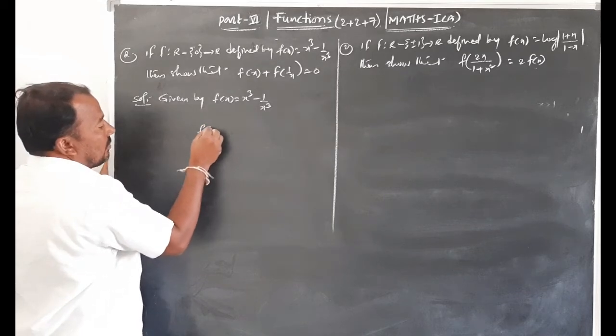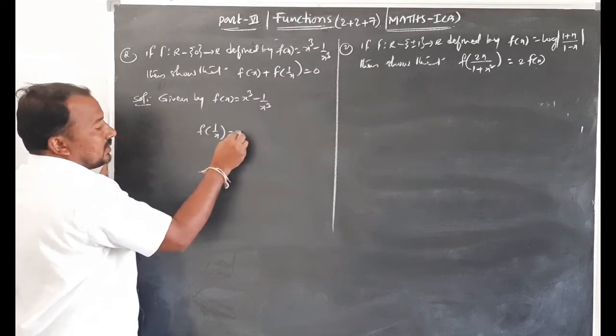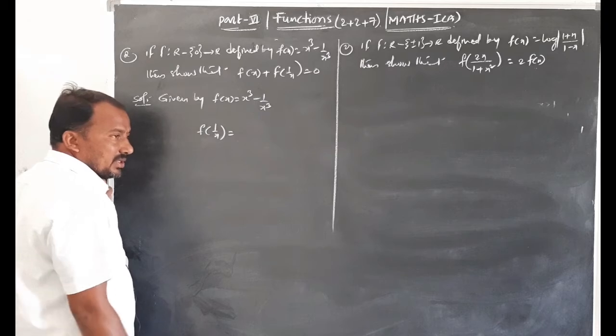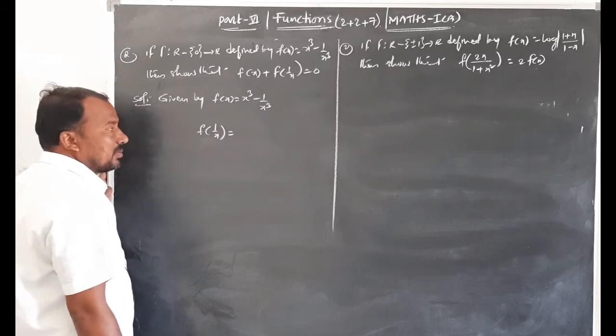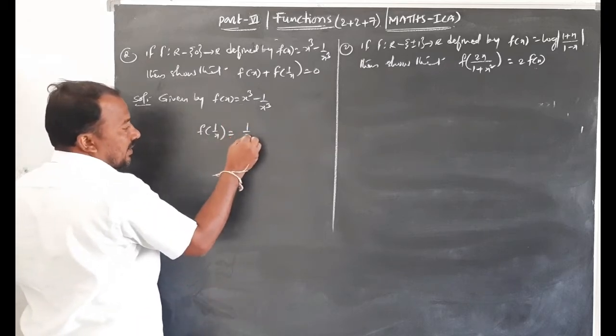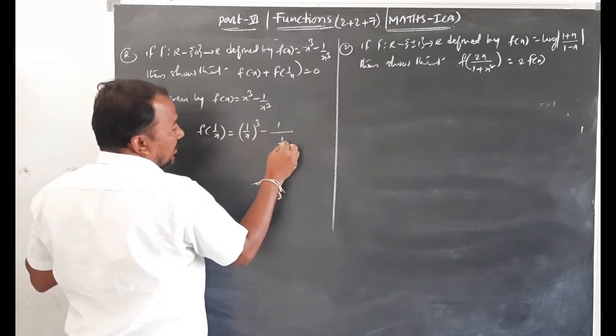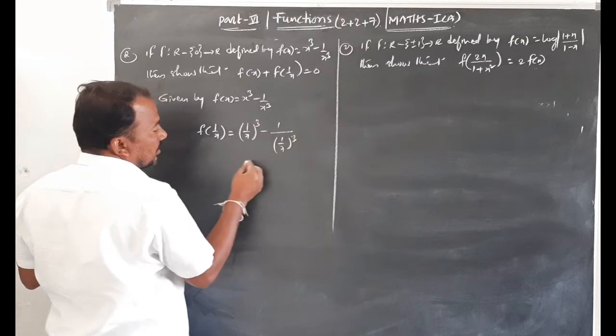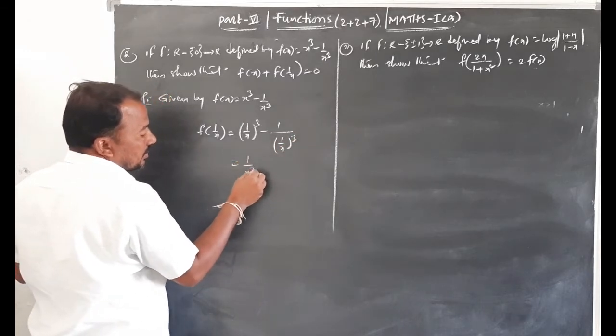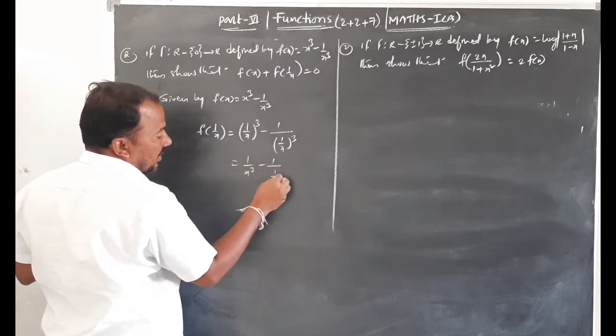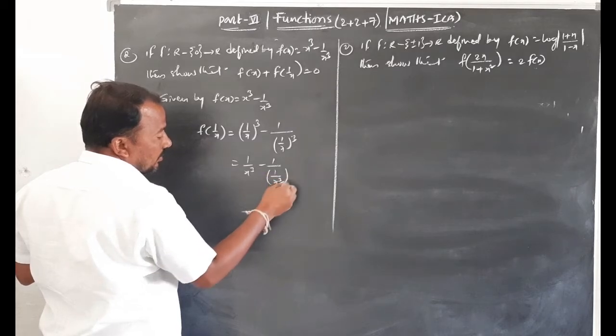Find the value of f of 1 by x. Substitute x equals 1 by x: (1 by x) whole cube minus 1 by (1 by x) whole cube, which is 1 by x cube minus x cube.